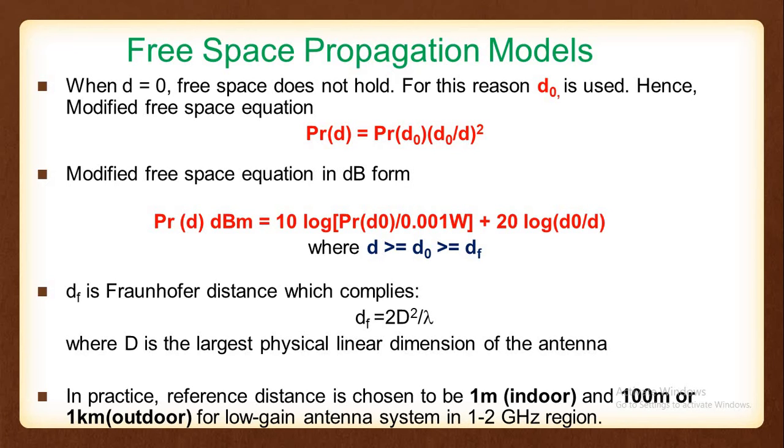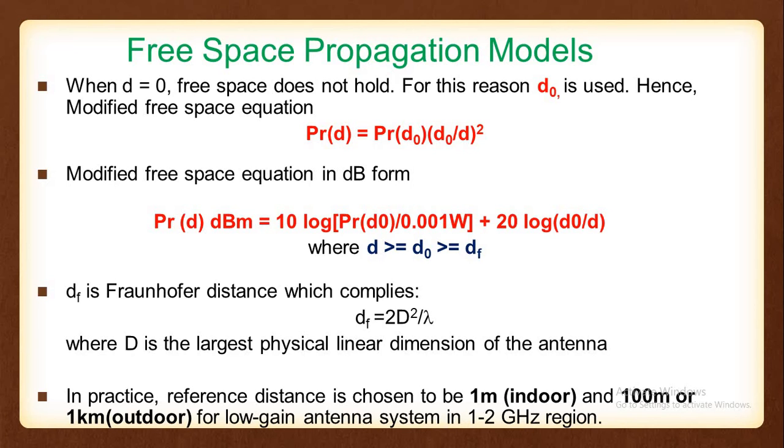So if I want to check, you can see here, this is also very important. You can see d0 is just greater than DF. It can be equal to DF, but just greater than DF. Then d is even greater than d0. You understood? DF is what we have to calculate using this formula. So that's the Fraunhofer distance. We have to first measure what your PR(d0) is at that particular point.